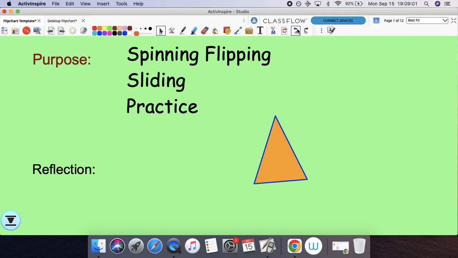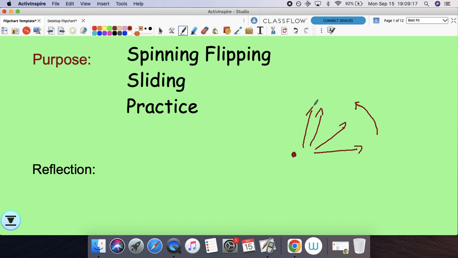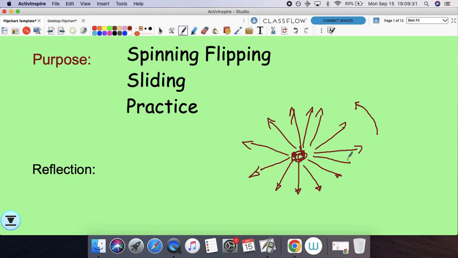Better yet, if I had a fixed point, and let's say I had an arrow here, as it rotates, we can go clockwise or counterclockwise. Imagine it's a pencil, rotating, rotating, rotating, etc. Okay, so that's a rotation.